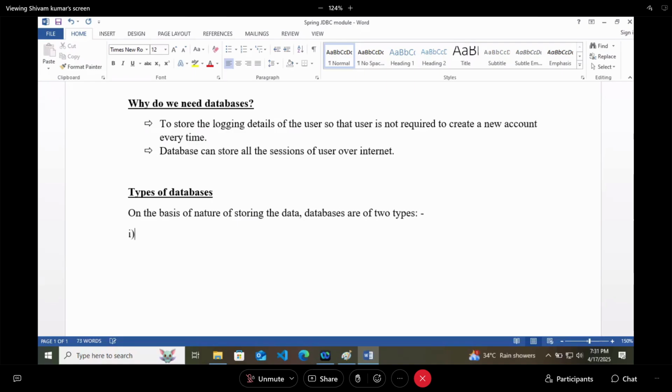First is relational databases, which you call RDBMS. And second are non-relational databases.